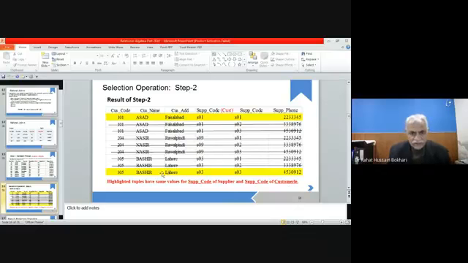We have discarded the rows of the cross product in which the supplier code of the customer table is not equal to the supplier code of the supplier table. So when they are different, not matching, these unmatched rows have been discarded. So this is done with the help of step 2, in which we carry out our selection process.